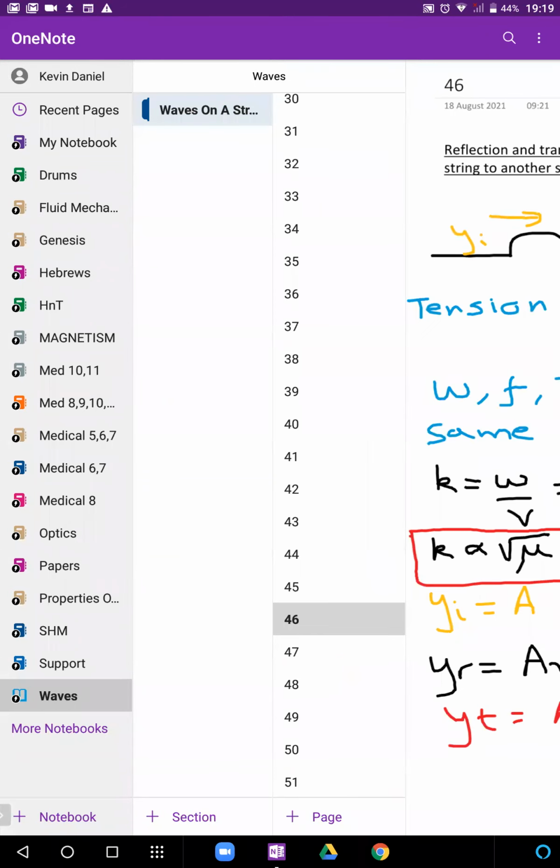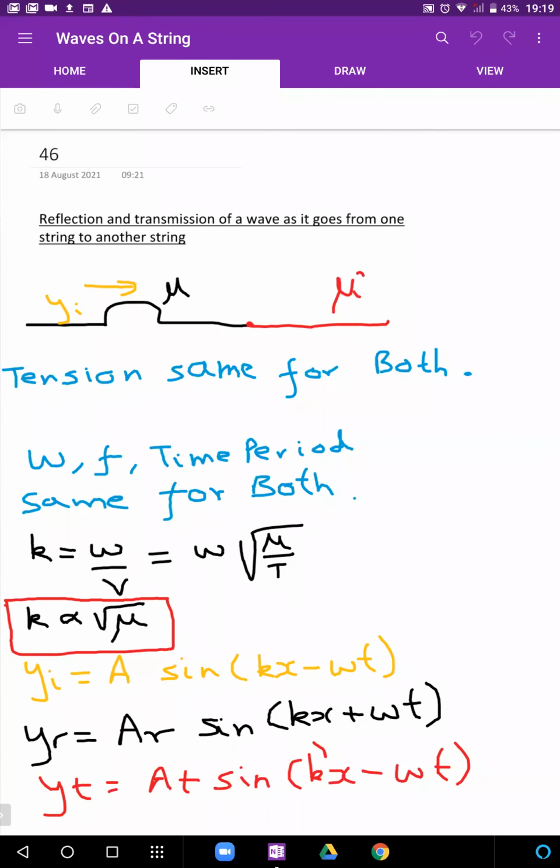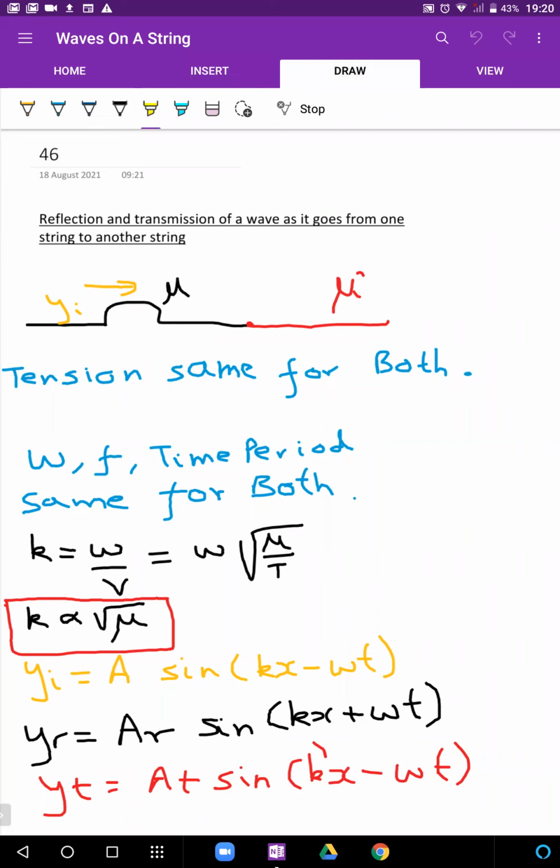So now, okay, we're going to see something a little bit more interesting. We're going to see what happens when your pulse tries to go from a particular string of a given material to another string of another material. Okay, so these two strings are joined to each other.